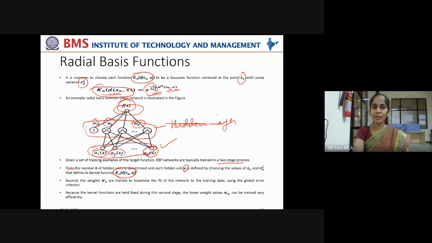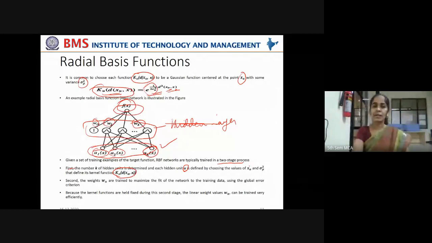So what is this kernel function? It is the distance between the new instance and the existing instance. Now, how is it defined? It is defined with the help of the instance x_u and the variance in that number of neighbors, that is sigma_u square. That is used in order to define each of the units in the hidden layer.